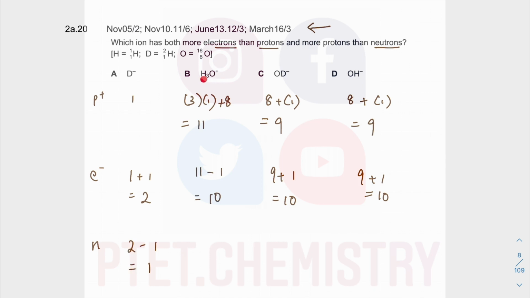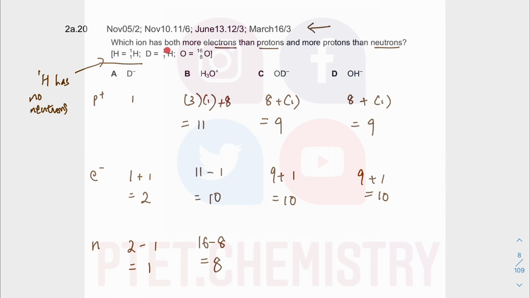Okay, when you look at hydrogen, well, H there, the neutron is going to be 0. So 1H has no neutron. So however many 1H you have, it's not going to have any neutron. I'm just looking at oxygen then. It's just 8 neutrons.